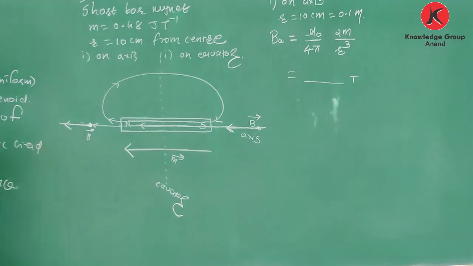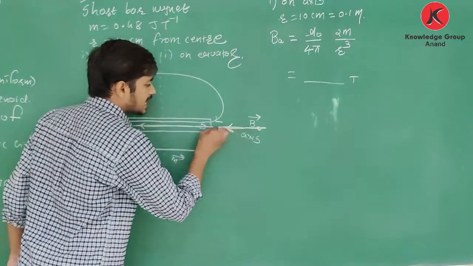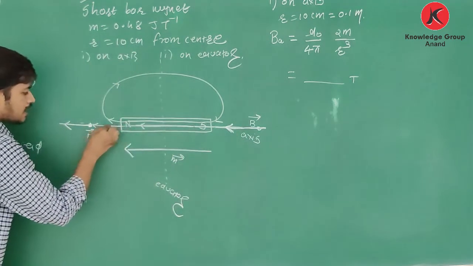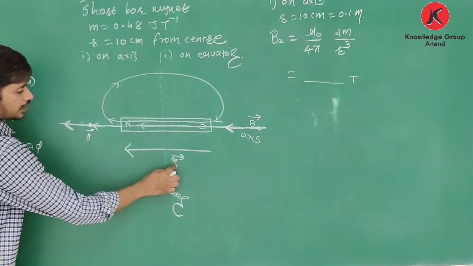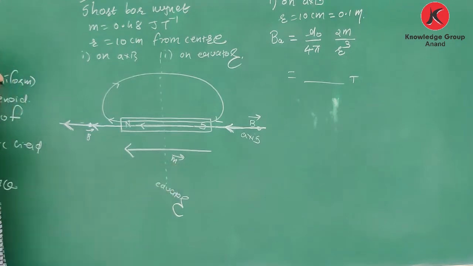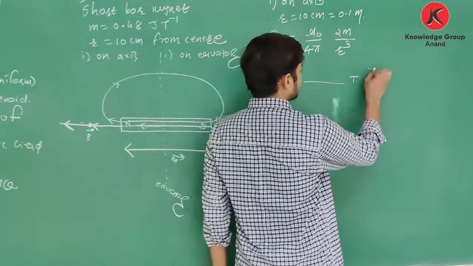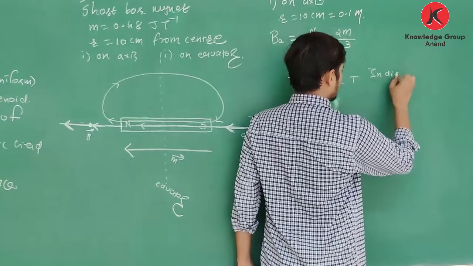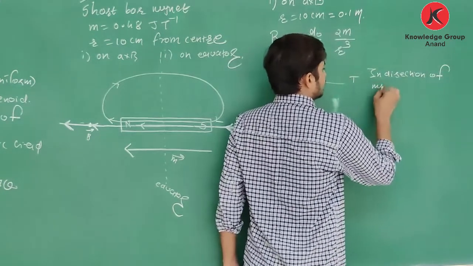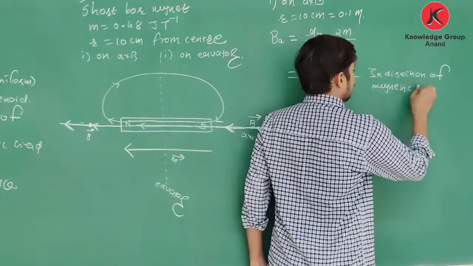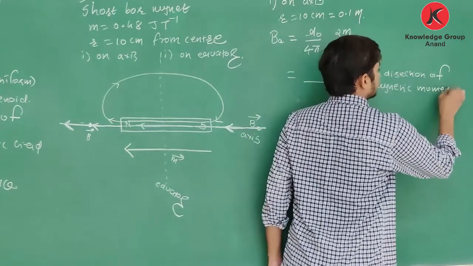So on axis, at any point, the magnetic field is in the direction of the magnetic moment. Clear about this?